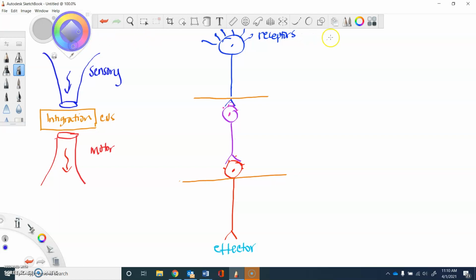This area out here is PNS because these neurons are out in the periphery. They're connected to receptors in your skin and in your organs or whatever, within your body. This neuron in here is within the central nervous system. Okay, so this neuron here is a central nervous system neuron. This neuron up here is a peripheral nervous system neuron.